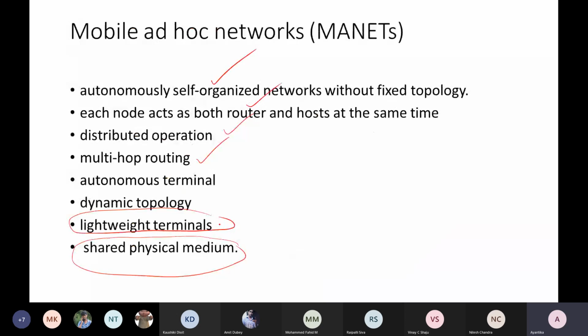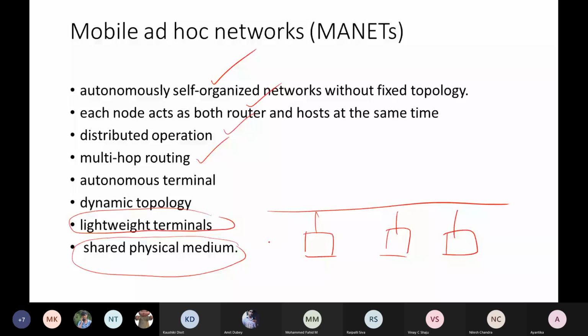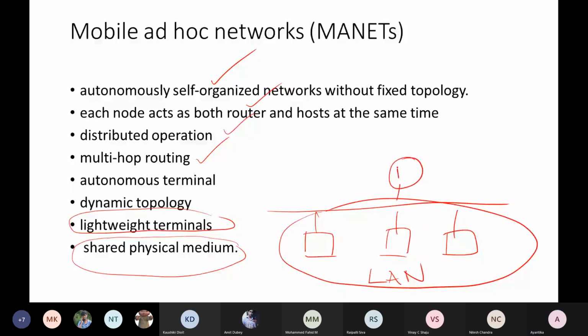Dynamic topology is like, okay. If you think about your traditional communication, traditional internet, internet means your nodes, some systems connected to some long wire, forming the LAN, and this LAN gets connected through some router. Again, some LAN maybe the nodes are arranged the same way, or maybe in star topology.